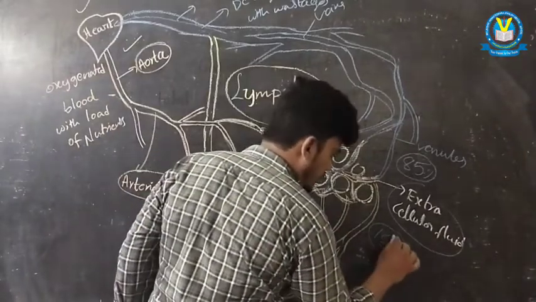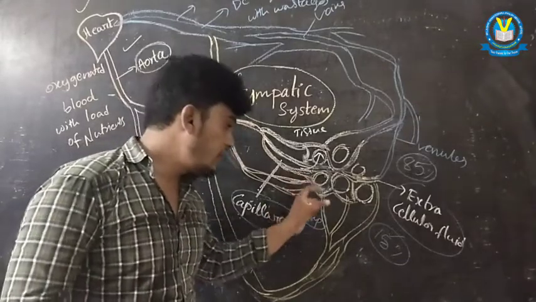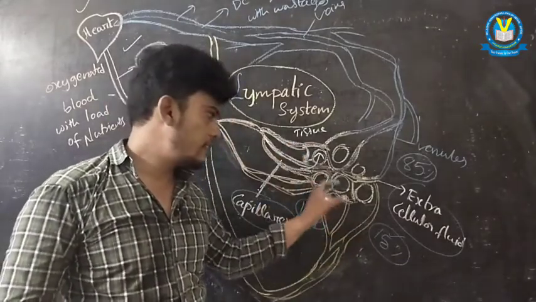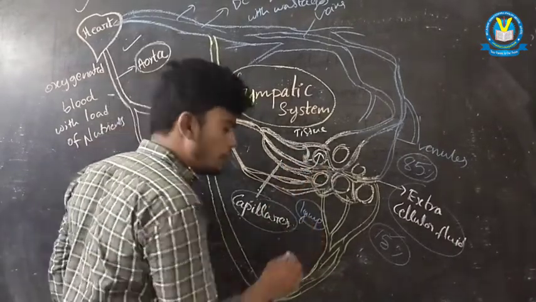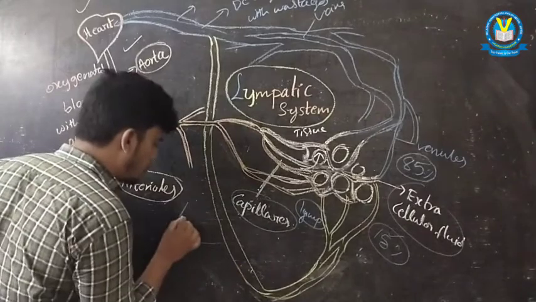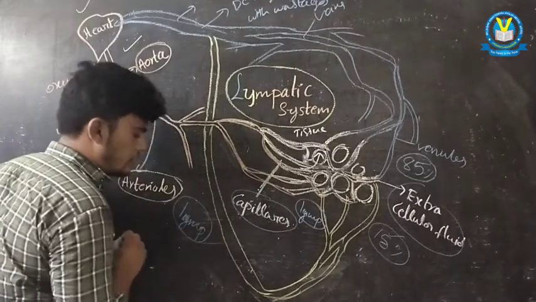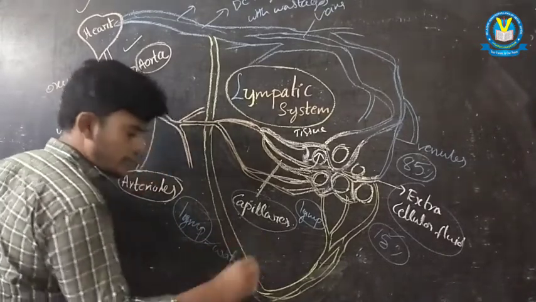Behind that, 15% is still there. That 15% of the fluid present between the cells, in the tissue, is called lymph. Actually, lymph is a Latin word. It means water, watery fluid.